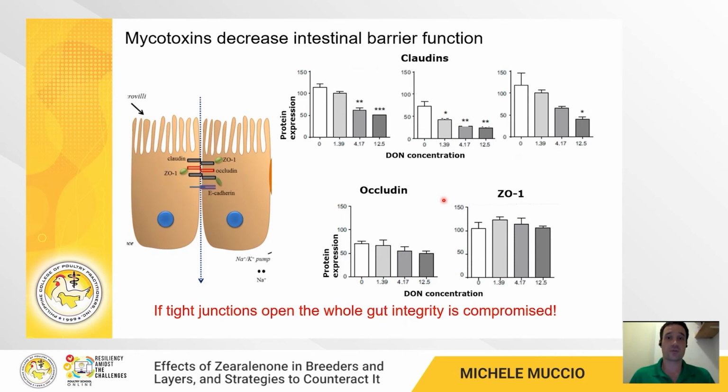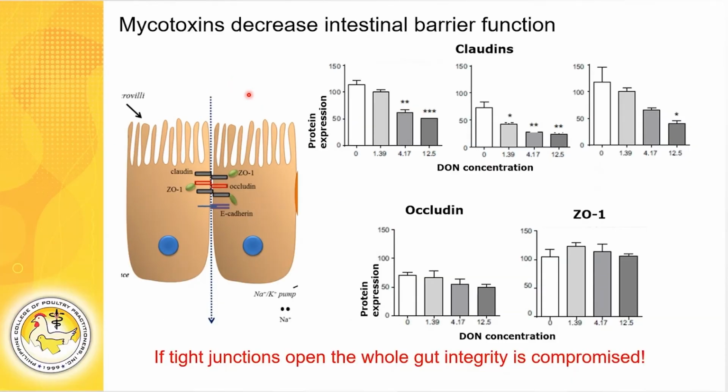So the gut becomes also less effective in capturing the nutrients. Another crucial problem of having mycotoxins in the gut is the decrease in the intestinal junction protein expression, which causes the leaky gut. And the tight junctions, as I mentioned before, are a network of proteins and they're constantly dividing, and they act as the cement that keeps the gut cells together.